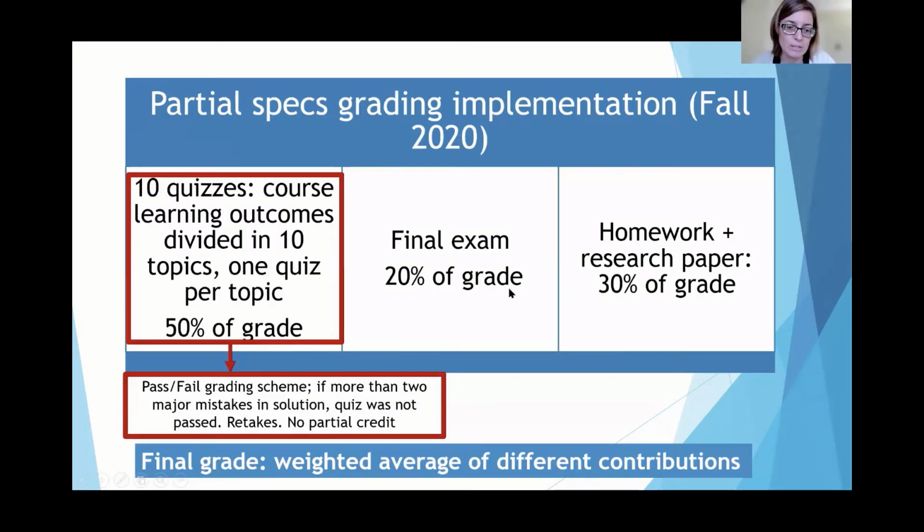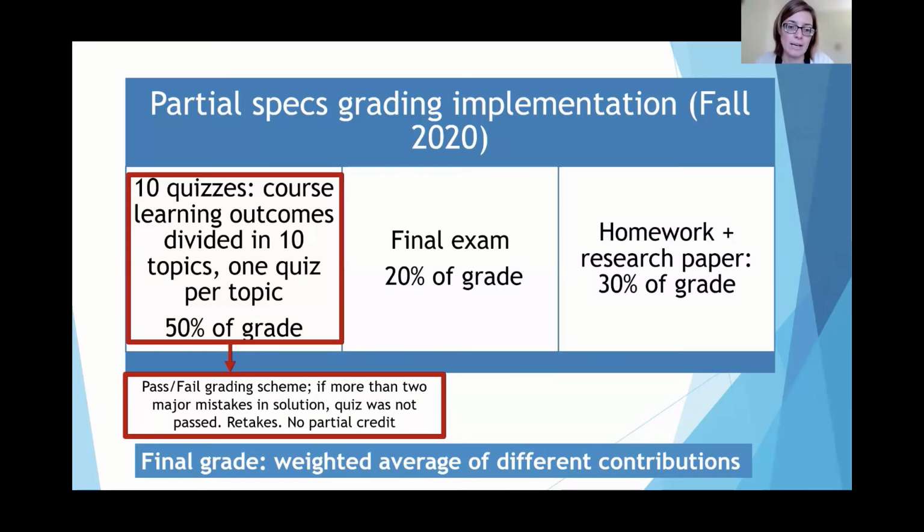I started being exposed to mastery learning from Nicole during fall 2019. And so I decided to implement some concepts of mastery learning and specification grading the following year. So instead of having 12 weekly quizzes, I divided my course learning objectives in 10 main topics, and each quiz corresponded to each topic.